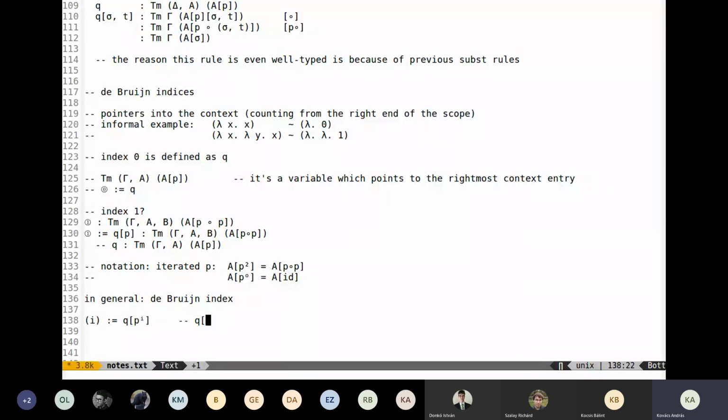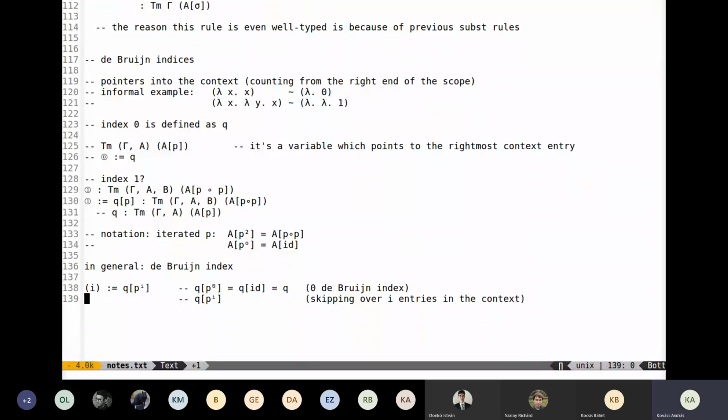The reason is that if we have Q, P0, that's just Q of identity, which is just Q, which is the zero de Bruijn index by definition. And otherwise, if we have some Q, P of I, that's basically skipping over I entries in the context. Okay, so this is the fully formal definition of de Bruijn indices.